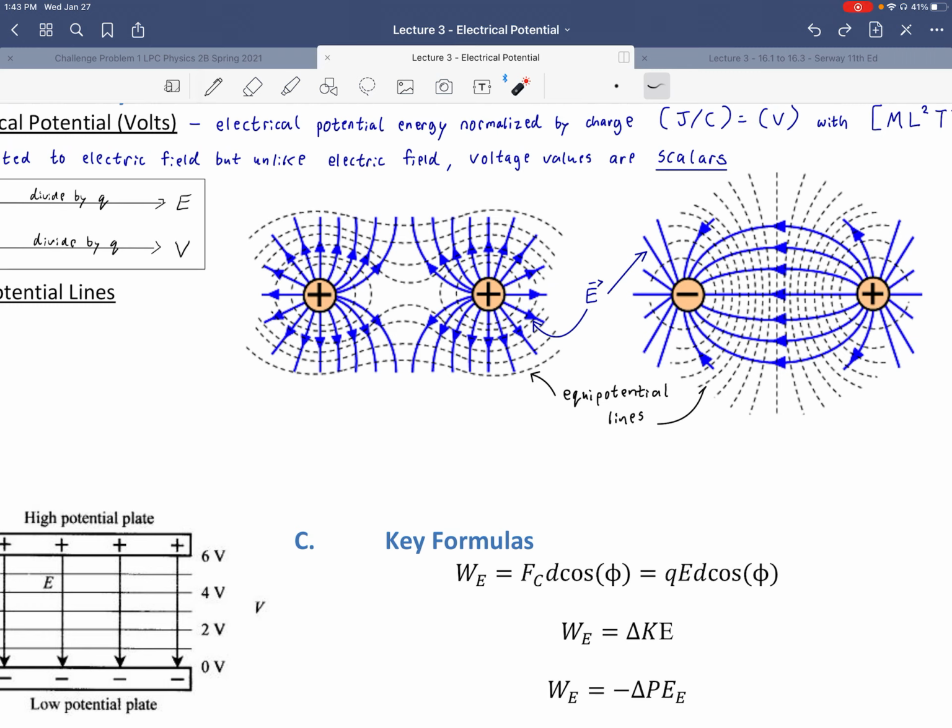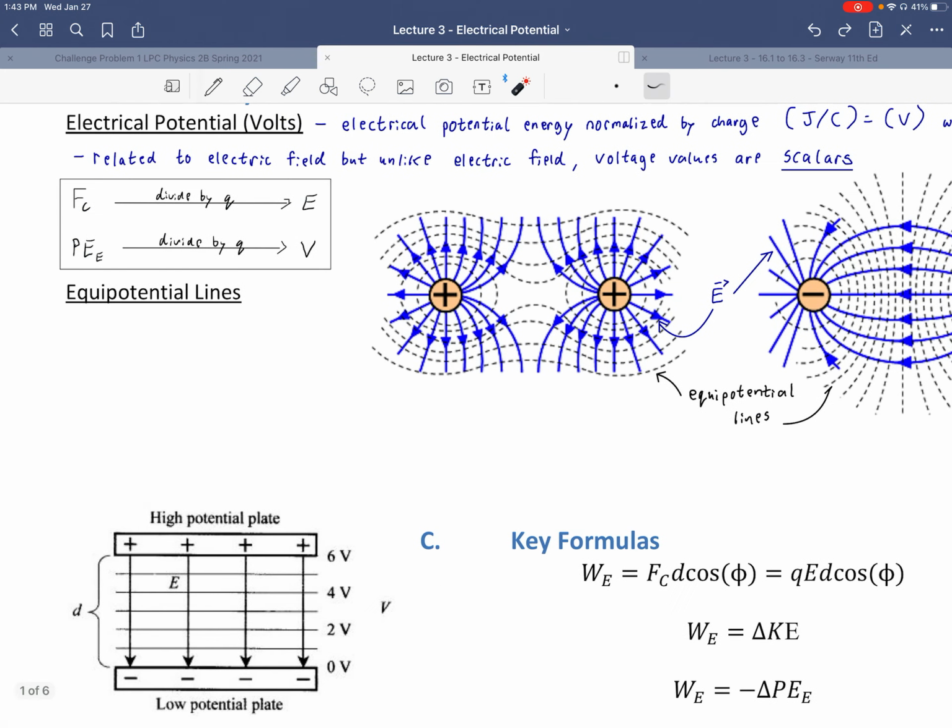Is it really necessary to do both? I would argue yes, because by drawing both you have a very fast way of thinking about the effects of those charges, how they would affect other charges placed nearby, how those other charges would accelerate, where they would go, in what direction they would go.